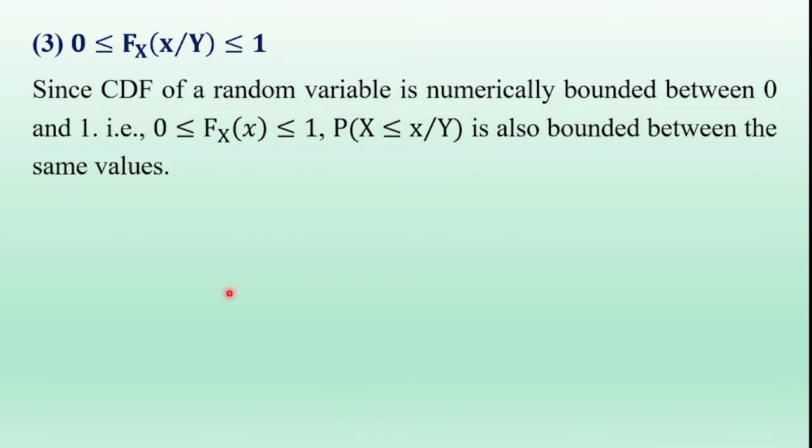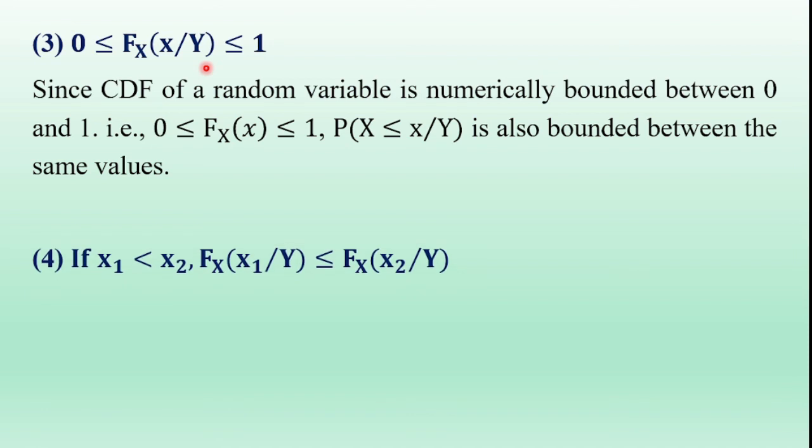The proof of this property is, since the cumulative distribution function of the random variable is numerically bounded between 0 and 1, that is 0 less than or equal to Fx of x less than or equal to 1, similarly the conditional distribution function of the random variable is also numerically bounded between 0 and 1. That is 0 less than or equal to Fx of x by y less than or equal to 1.